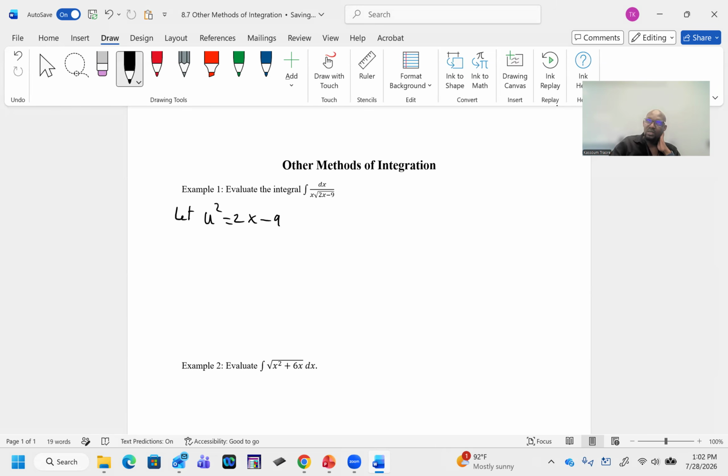Of course, from here, x is equal to 1/2 times (u squared plus 9).